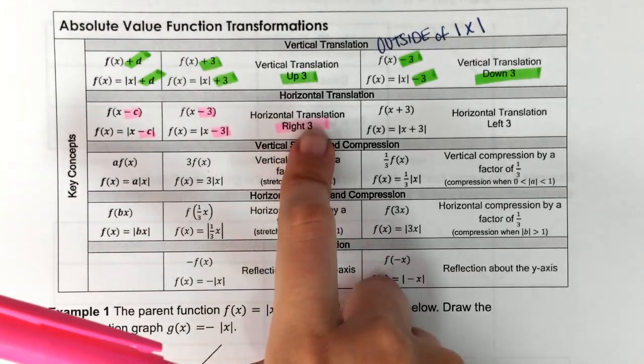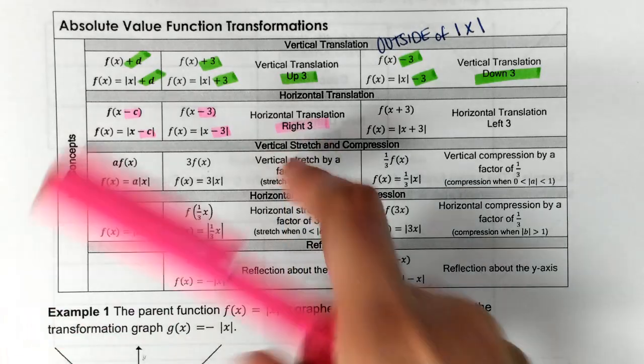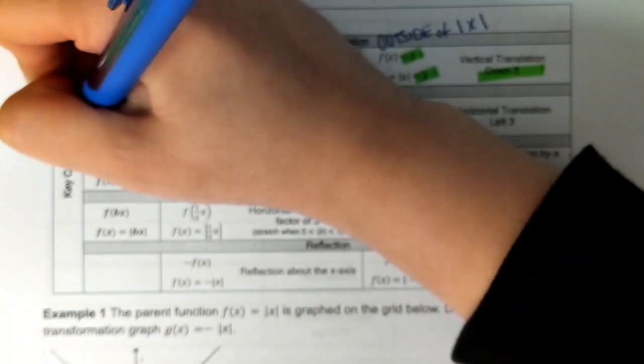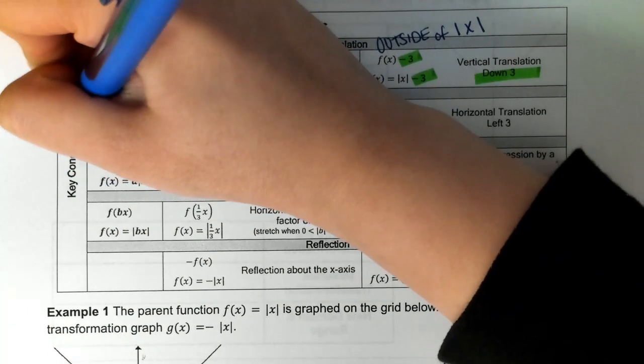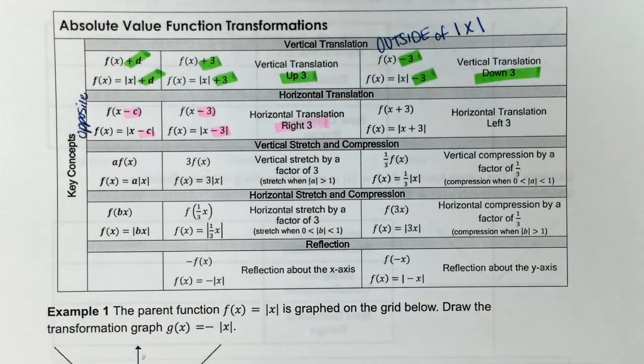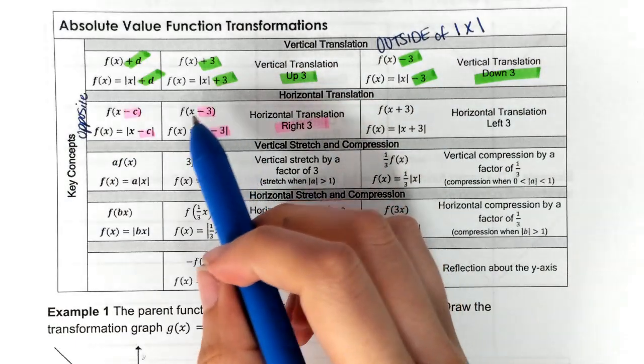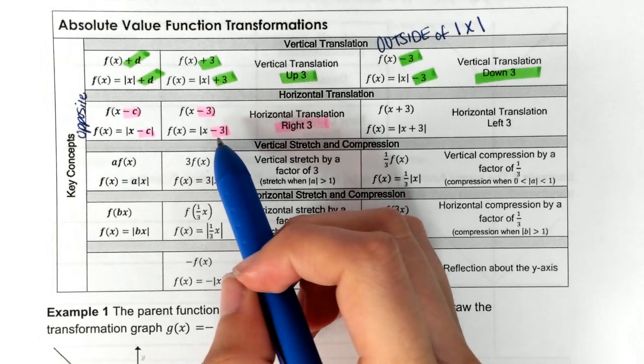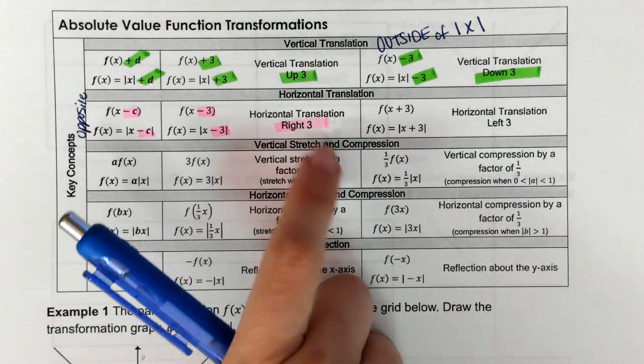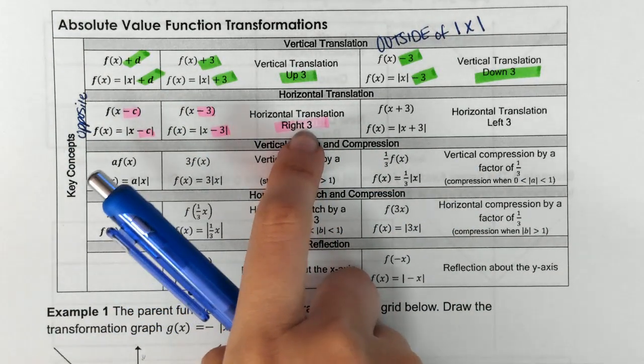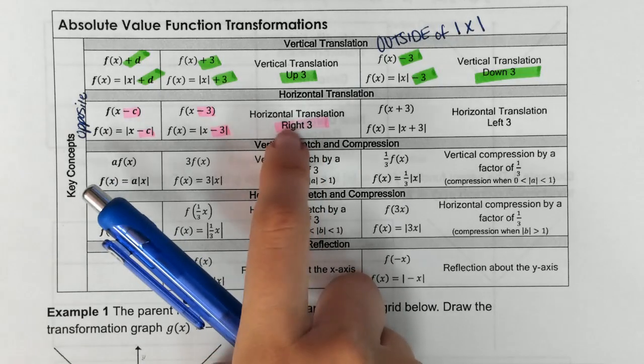So be careful. For horizontal transformations, they are opposite. So usually if you see a -3, you would think, oh, it's going to the left, towards the negatives. It's actually the opposite. It'll be going towards the positives, so right 3.